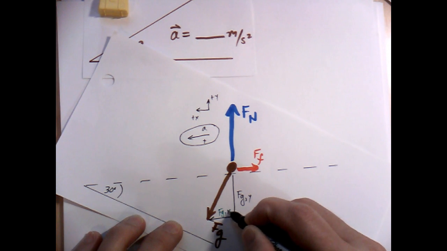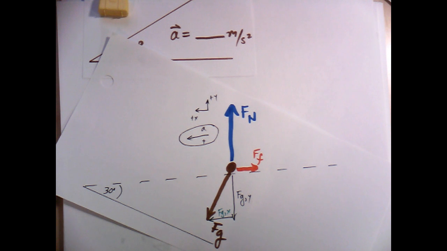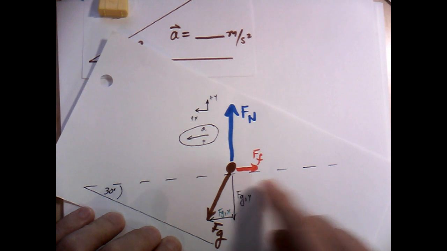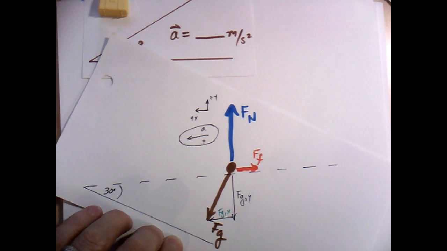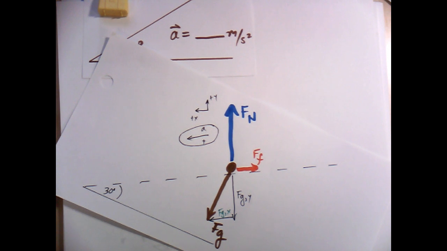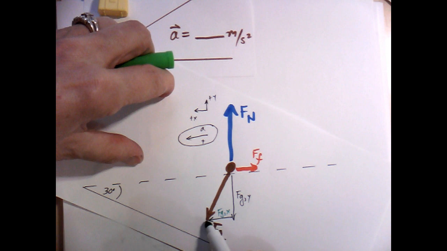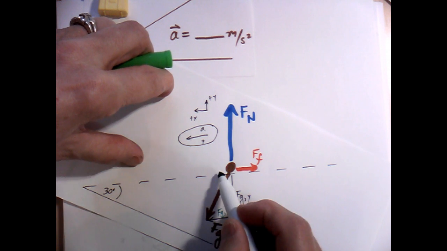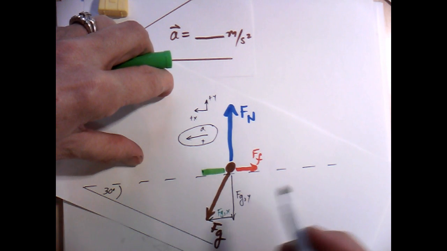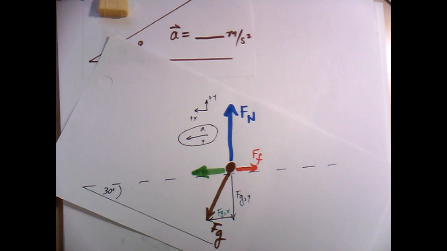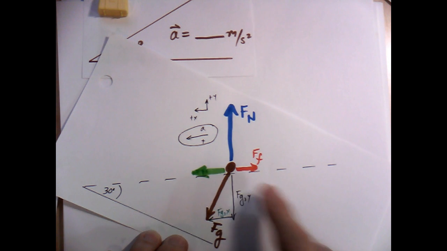in the x direction. Now the length of this arrow here should be, on a free body diagram, a little bit longer than the length of this arrow, just because since they're opposite in direction, they can't be equal in magnitude if this thing is going to accelerate. So let me take this component right here and come over and just add it here, because this represents the component of gravity that is pulling this object down the hill.